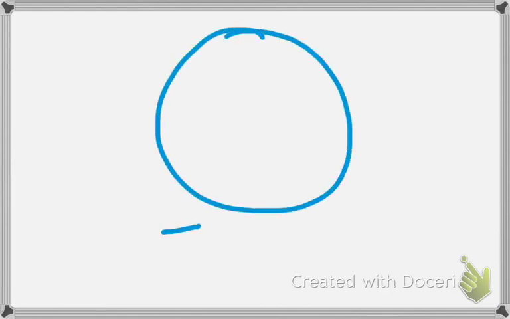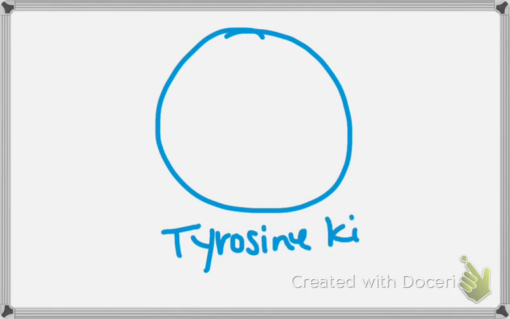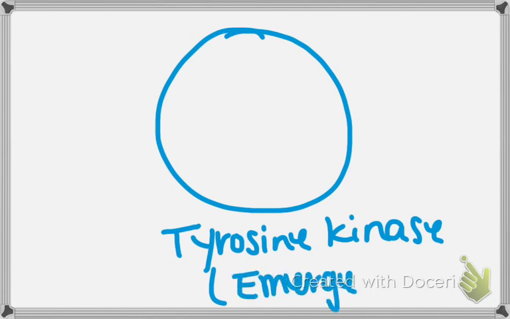Now, if we're the other type of signal transduction, remember this is tyrosine kinase. Remember, this is for emergencies. Emergency. But it's the same concept, except we have some different players.